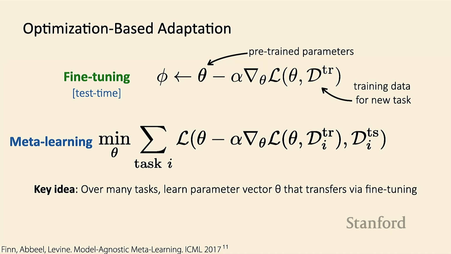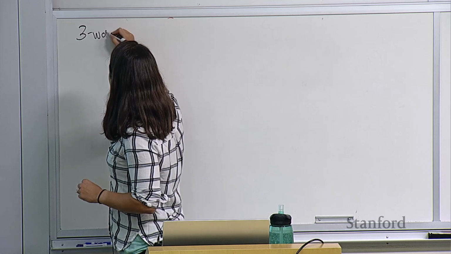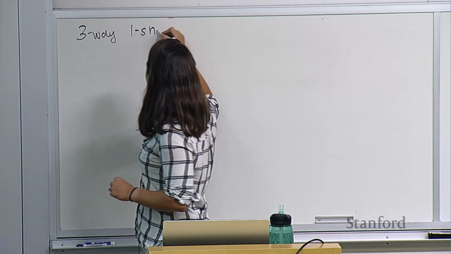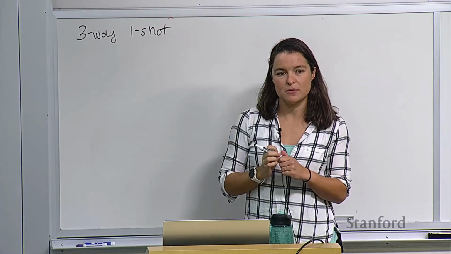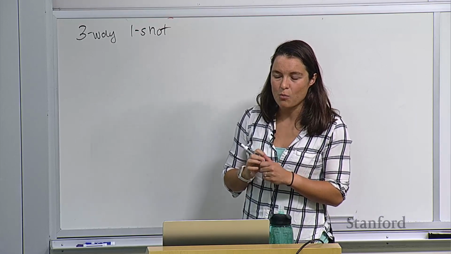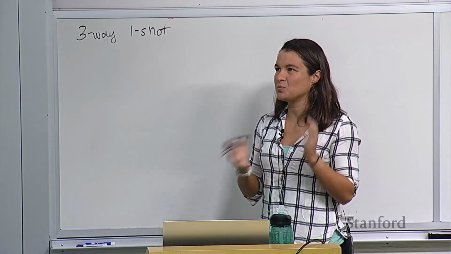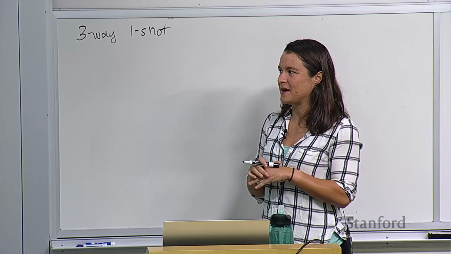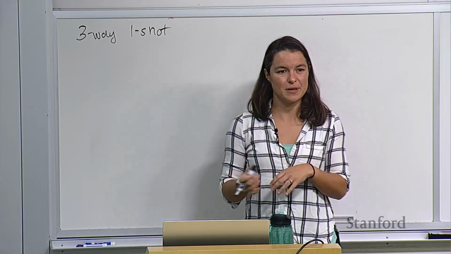OK, now that we have our objective, we can actually write out what this looks like as an algorithm. Again, we can think of the same three-way, one-shot classification problem that we considered in the last lecture, where different tasks will correspond to classifying digits from different alphabets.